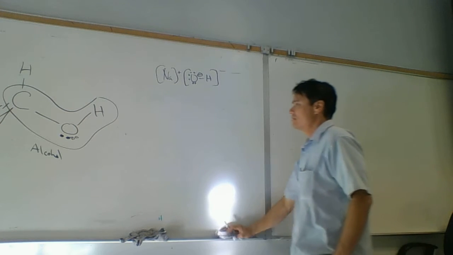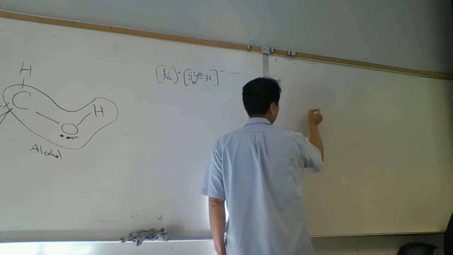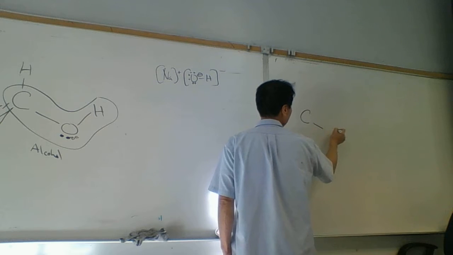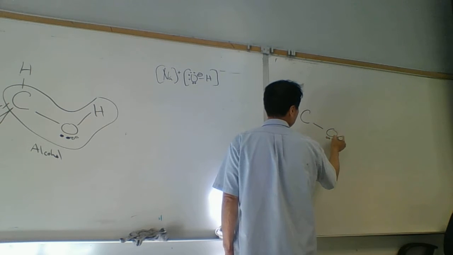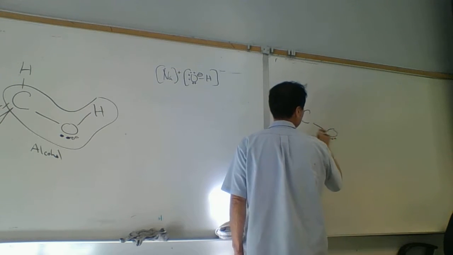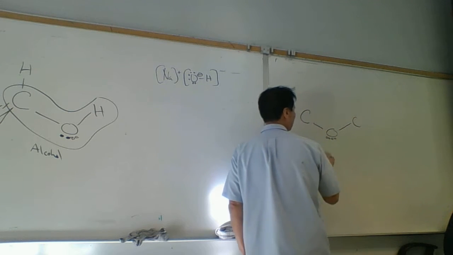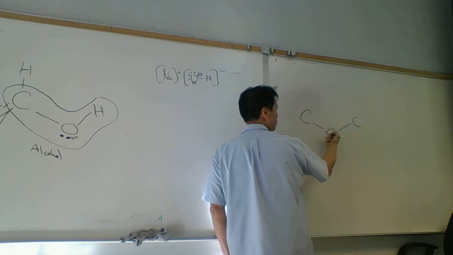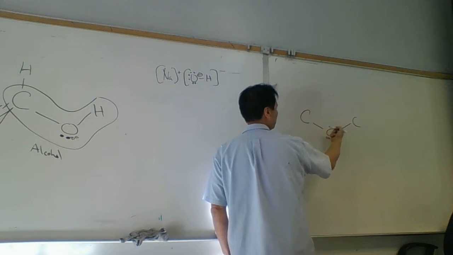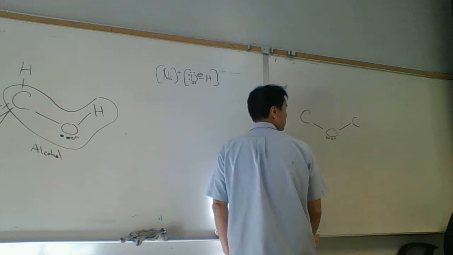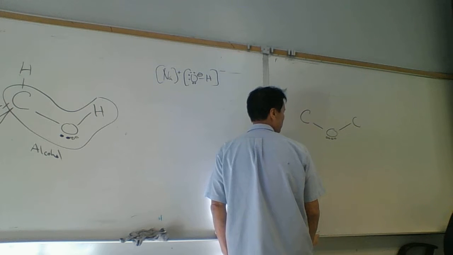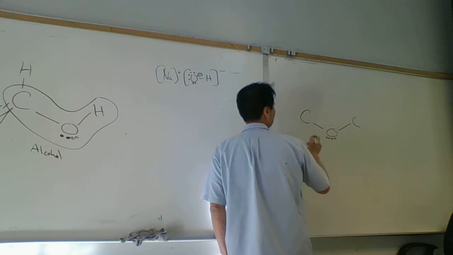An ether is very similar to an alcohol. The only difference is we're looking for a COC instead. This would be an ether. This oxygen has tetrahedral electron geometry, bent molecular geometry.